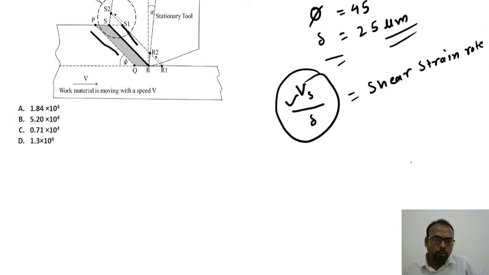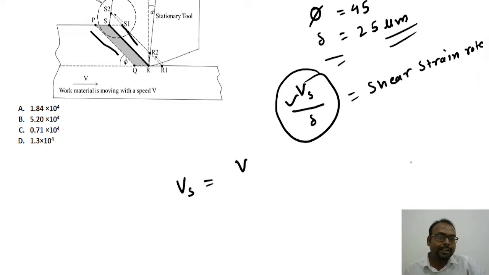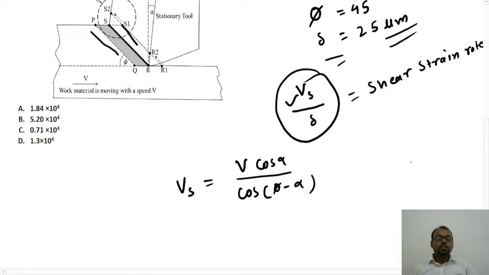So you see that we have another equation to find out the Vs value, that is called the shear velocity. And this is given by V, that is the cutting velocity, into cos alpha divided by cos of phi minus alpha, where phi is the shear angle.